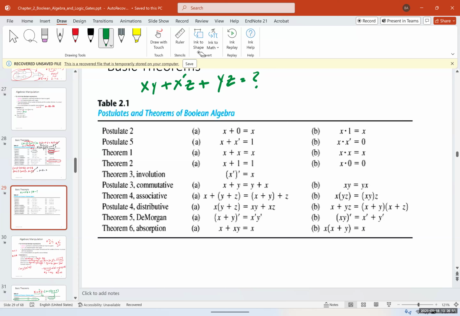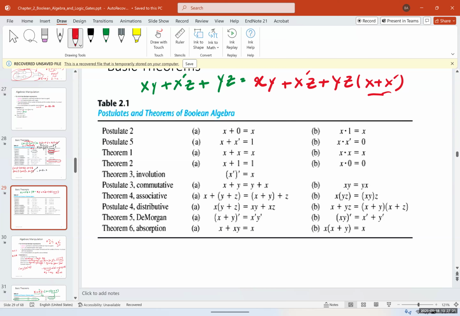Okay. So we can write this again, multiple ways to solve this. One way to solve it, I can write it like this: xy plus x prime z plus the third term, I can write it like this: yz times x plus x prime, because I'm missing x in the third term.